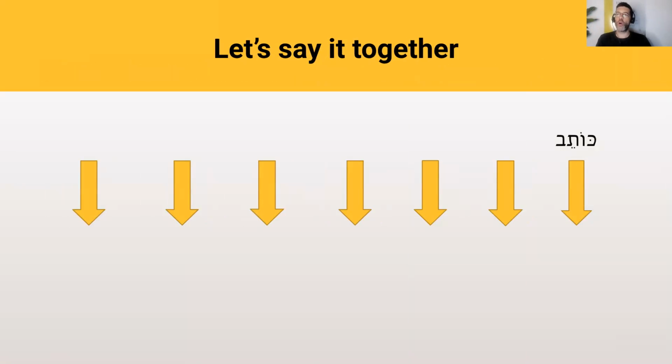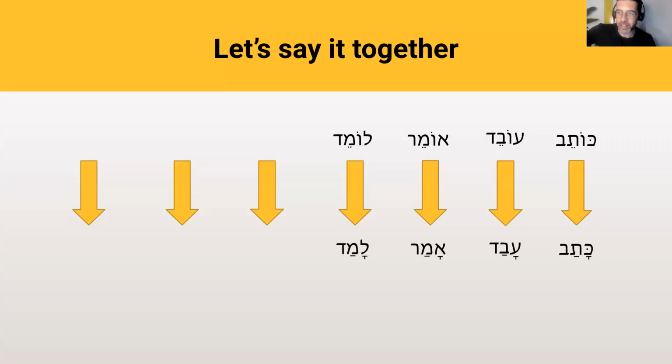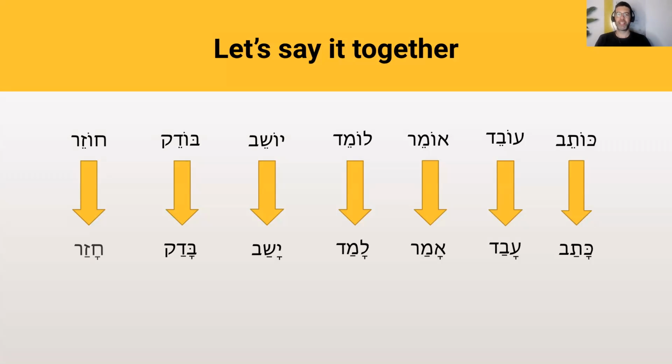Say it with me. Kotev, write, or writing. And in past tense, katav. Are you saying it with me, guys? Oved becomes avad. Let's say it again. Oved, avad. Nice. Omer, amar, in past tense. Yeah, I can see that someone is writing it. Nice, guys. Lomed becomes lamad. Choser, chazar.